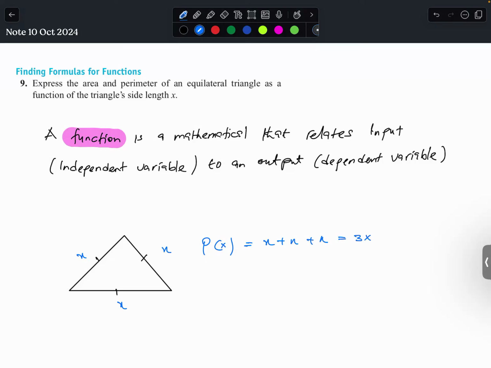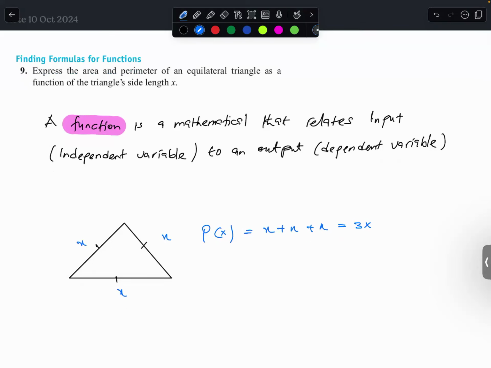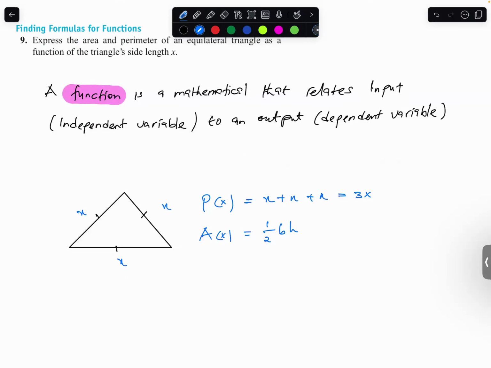Now for the area, the area as a function of x, A of x, is going to be, we know the formula to calculate the area of a triangle is 1/2 base times height. If we look at our reference triangle, we can assume this whole length x is our base.